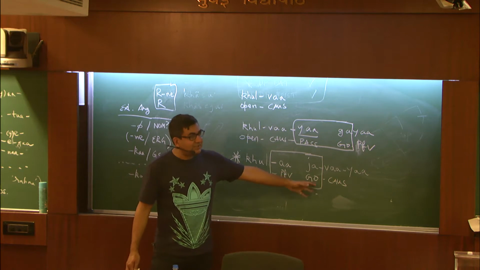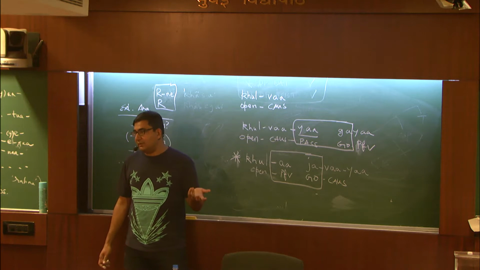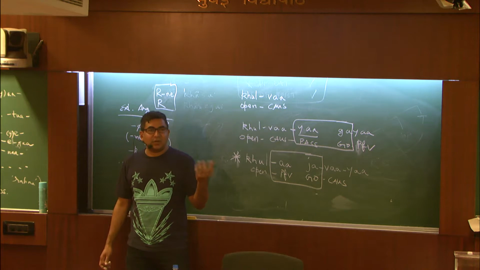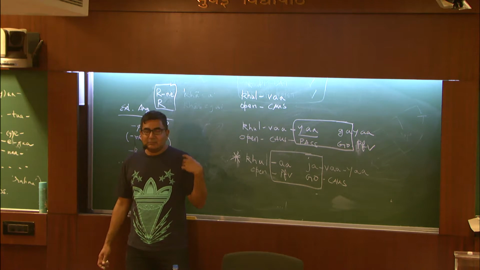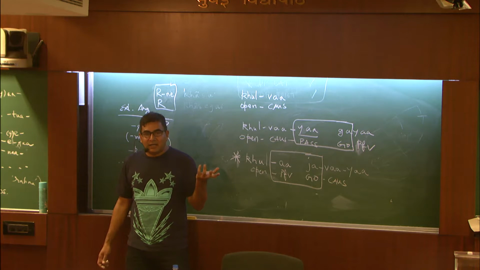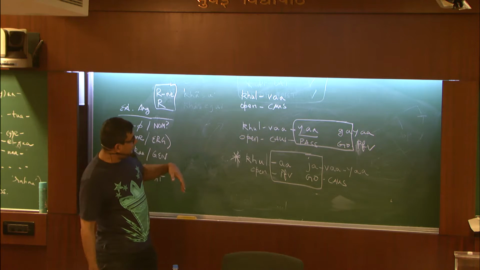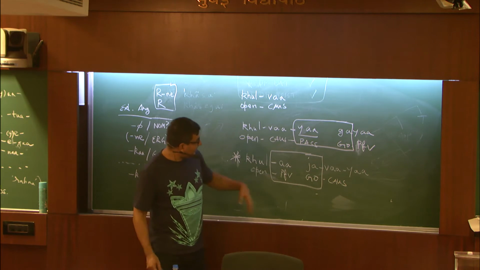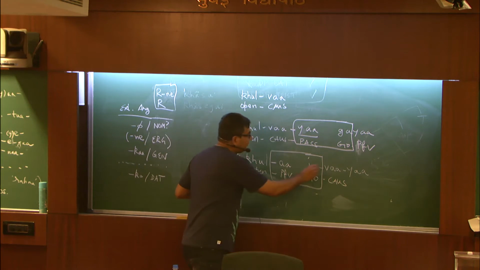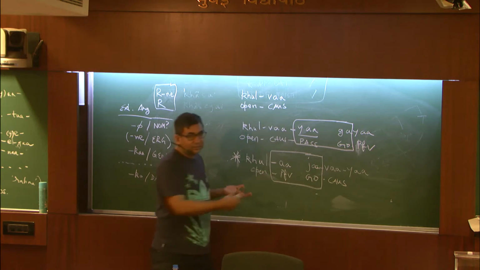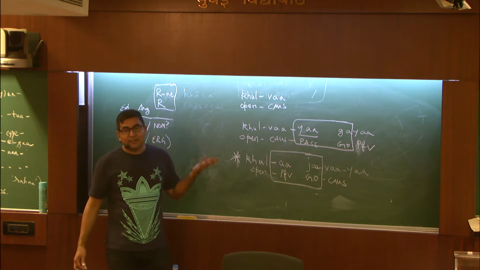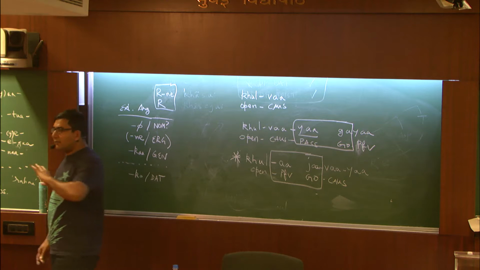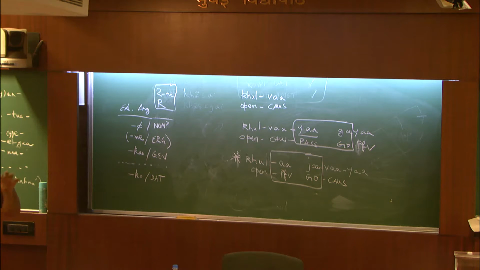So the problem is ja does not have a causative, or it at least does not have a recognizable one. Java is not a word in my language. So this does not exist.